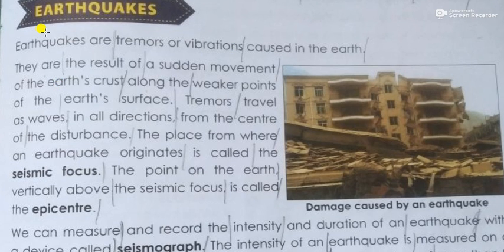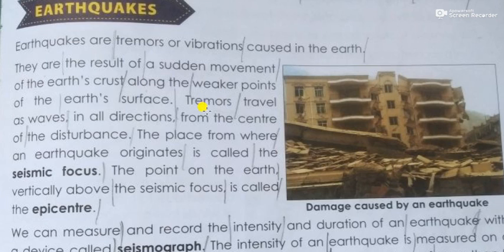First one is earthquake. You might have heard about earthquakes. Earthquakes are tremors or vibrations caused in the earth. They are the result of a sudden movement of the earth's crust along the weaker points of the earth's surface.